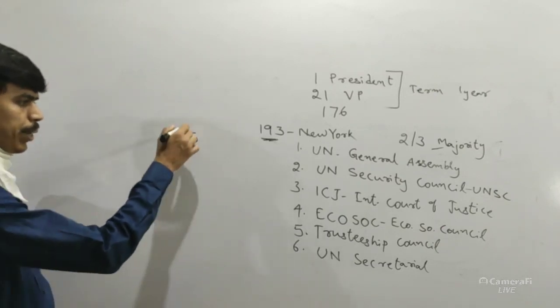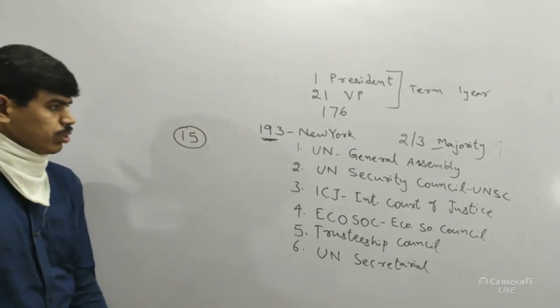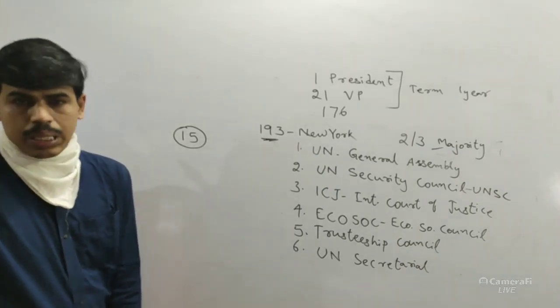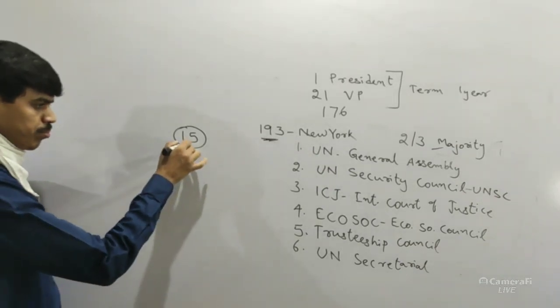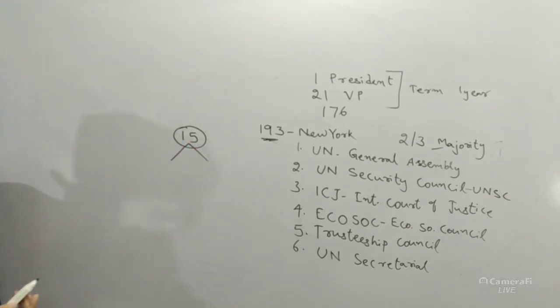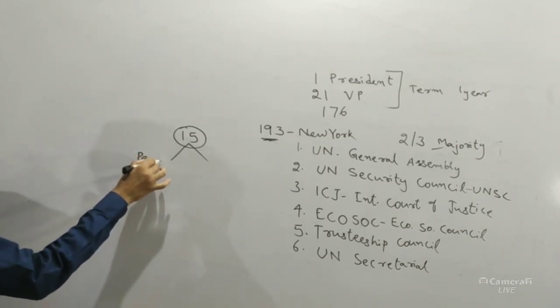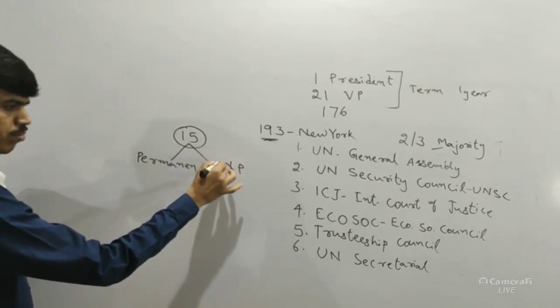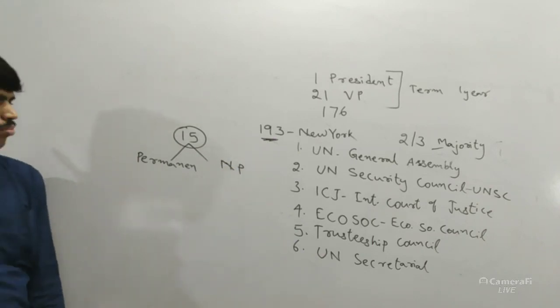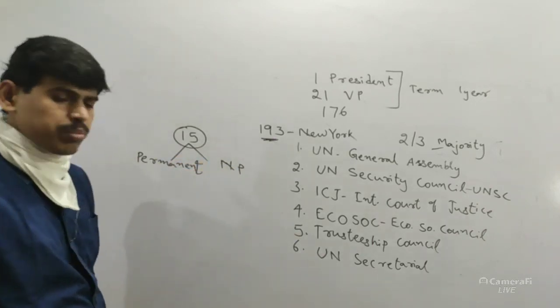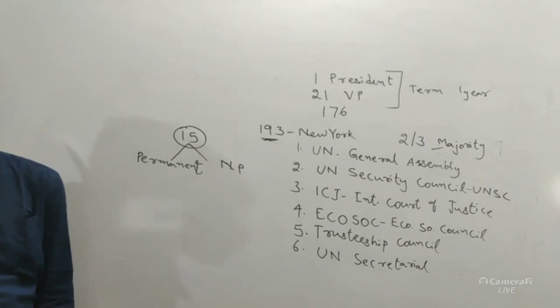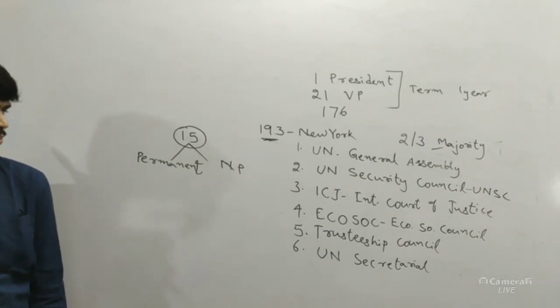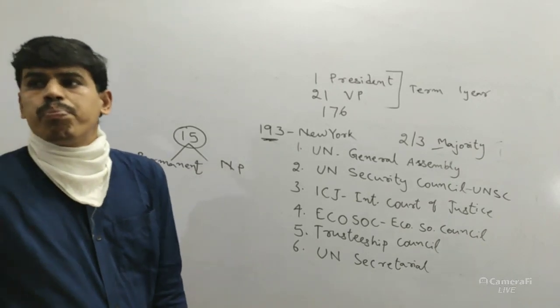There are two types of members: permanent and non-permanent. Permanent means fixed.